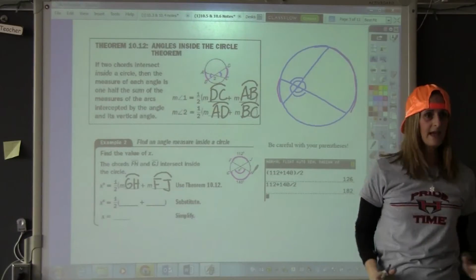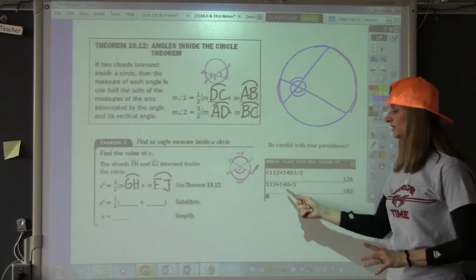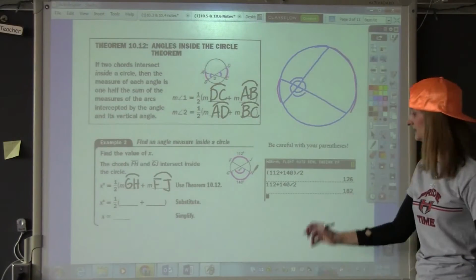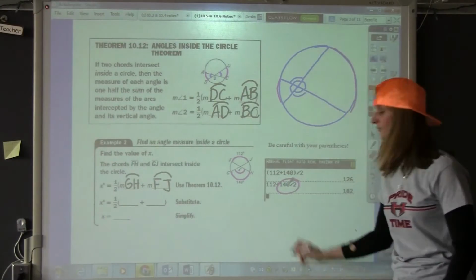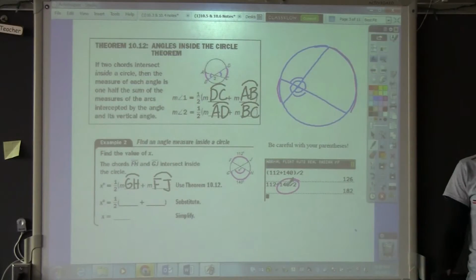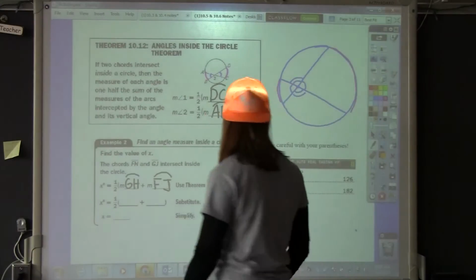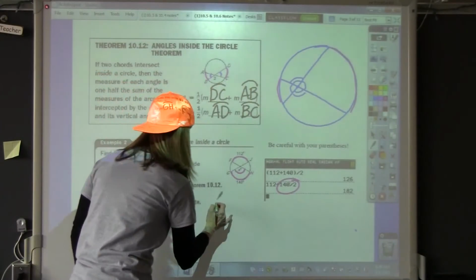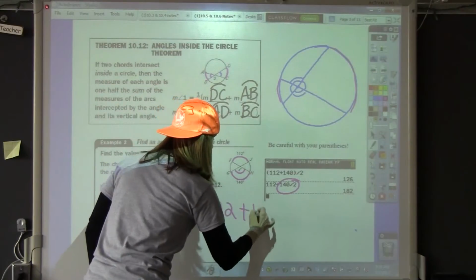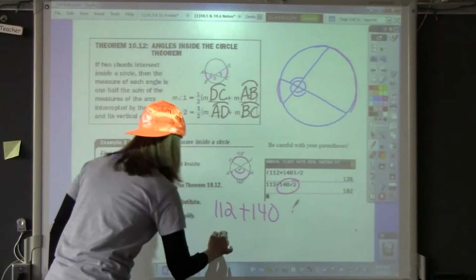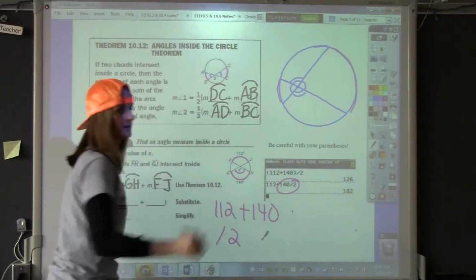If you just type in the calculator 112 plus 140 divided by 2, the calculator knows order of operations, and it's going to divide the 140 by 2 first, and then add that to 112, and it's going to give you a different answer. So be careful. Make sure you put your parentheses, or if you don't want to deal with parentheses, you could do 112 plus 140, press enter, and then divide by 2, press enter.